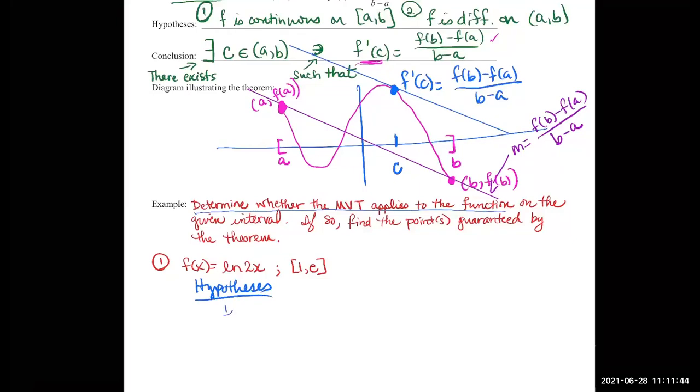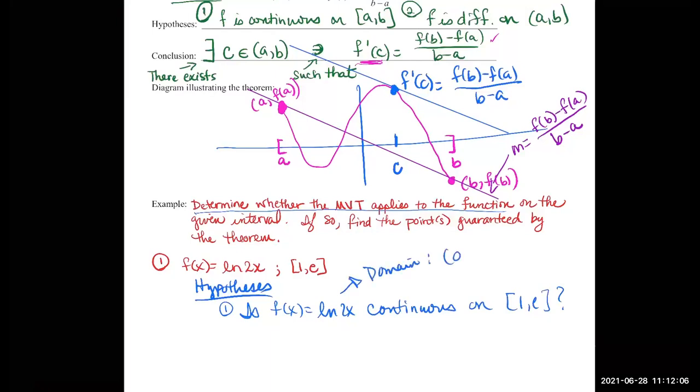First, we have to check to see, is our function continuous? Natural log 2x. Is this function continuous on the interval from 1 to e? That's the question. Well, we know that the domain of this function, you guys told me earlier, we can only take natural log of positive numbers.